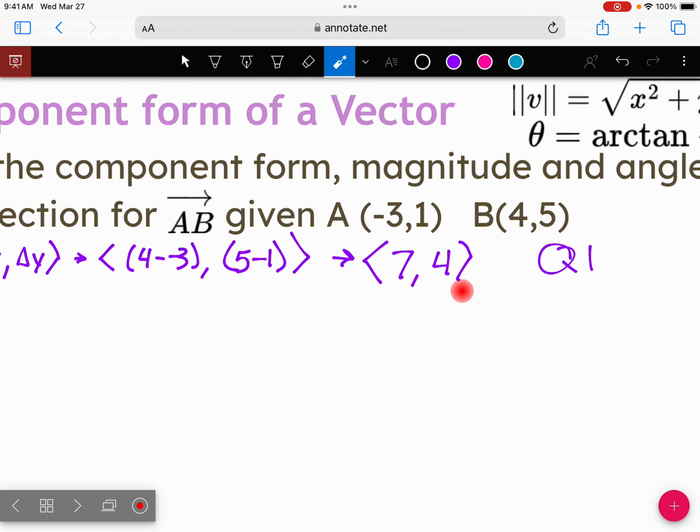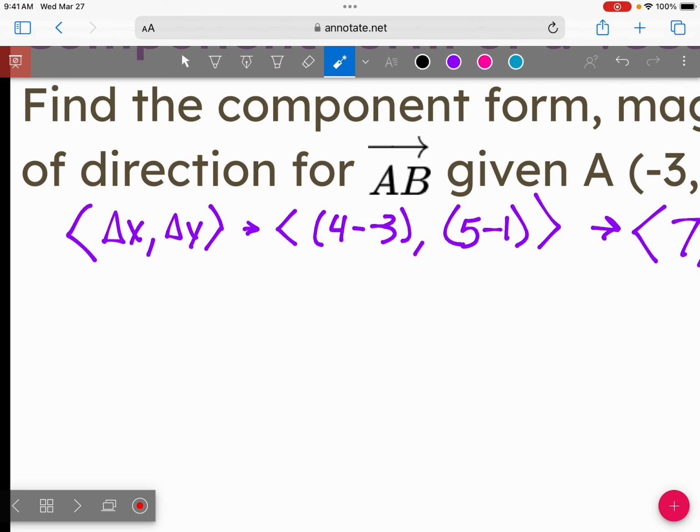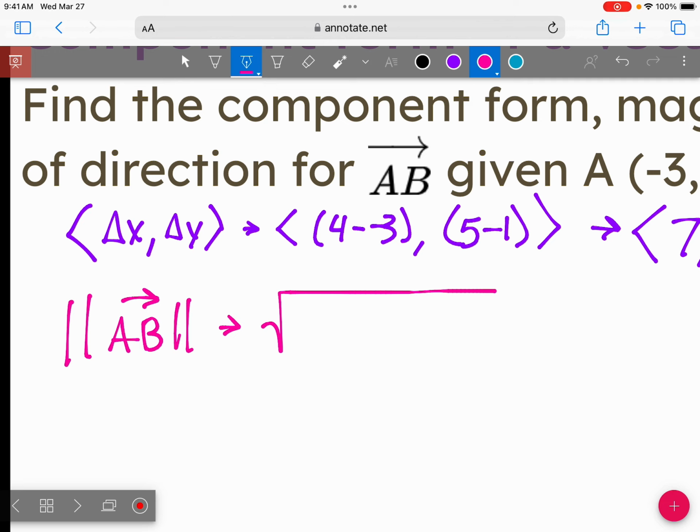So our first step with any of these, no matter if they ask for our component form or not, we have to have it to find our magnitude and angle. So we're going to find our component form so that we can find our magnitude. So our magnitude of AB is when we do our square root of the square of each of those pieces.